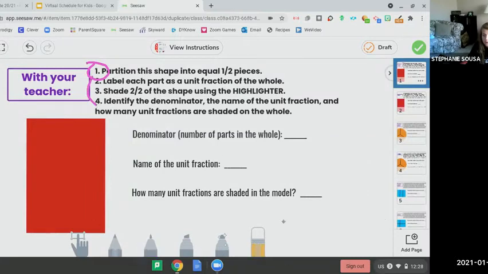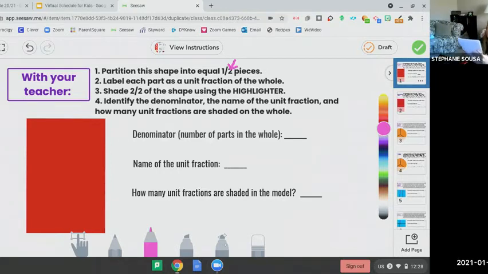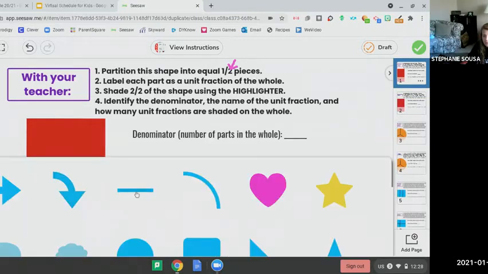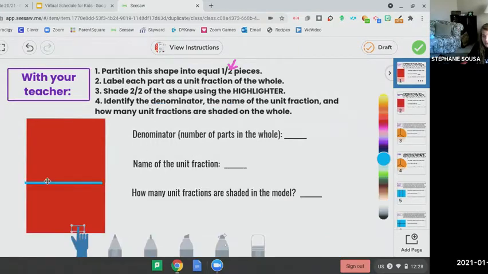So let's take a look at these 4 and make sure we understand them so that when you're working, you got it down easy. It says partition the shape into equal 1/2 pieces. Okay, 1/2. My denominator is a 2. My notes tell me that a denominator tells me how many parts are in the whole. So I need to make this have 2 parts. I'm going to grab my shapes tool, that line, and I'm going to move it so that my red rectangle has 2 parts.